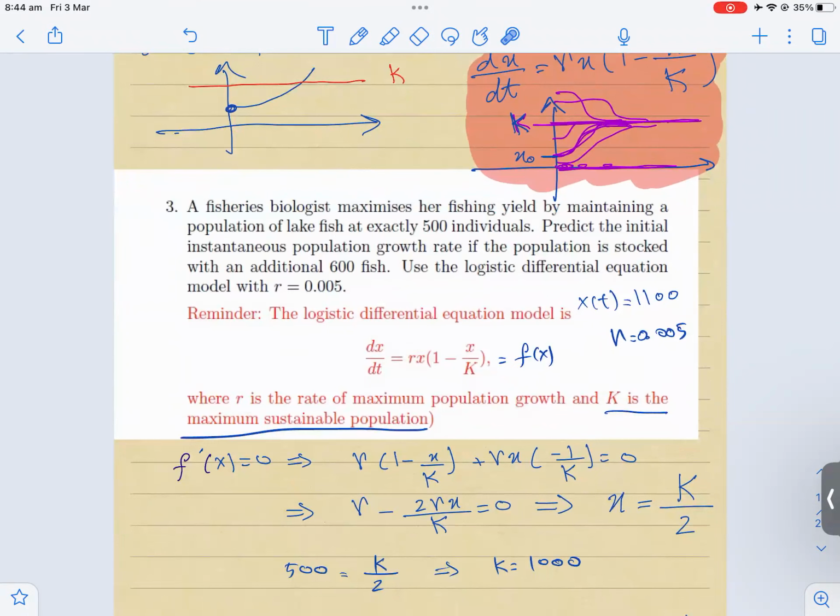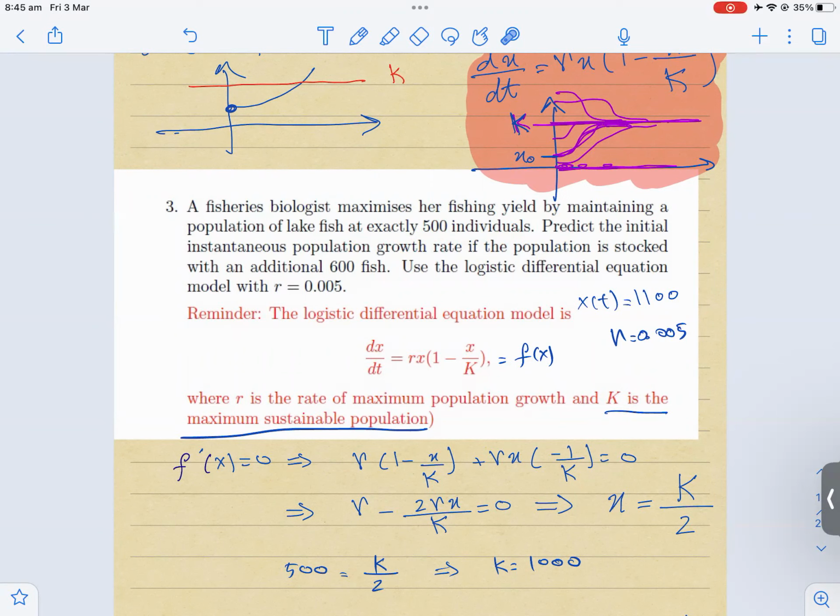Question 3. A fisheries biologist maximizes her fishing yield by maintaining a population of the lake at exactly 500 individuals. Okay. So she wants to keep it at 500 individuals, but the maximum capacity might be something more.